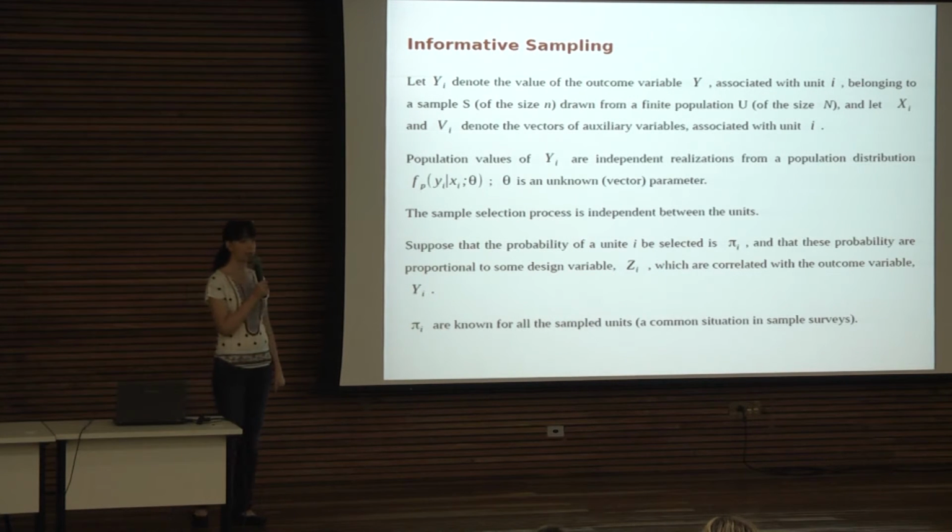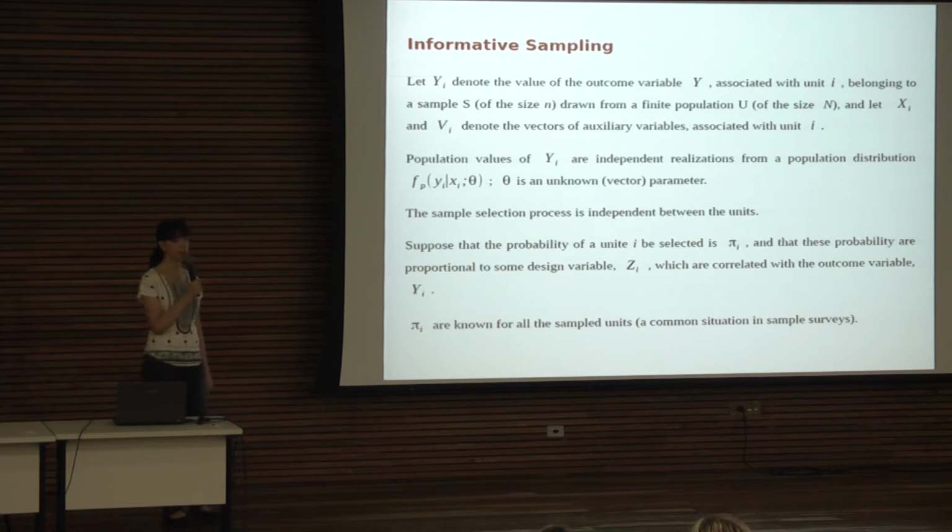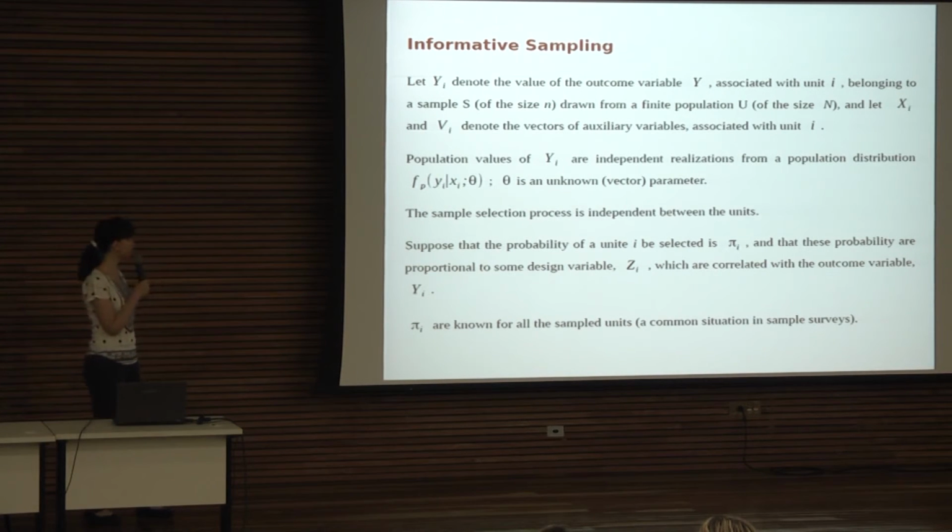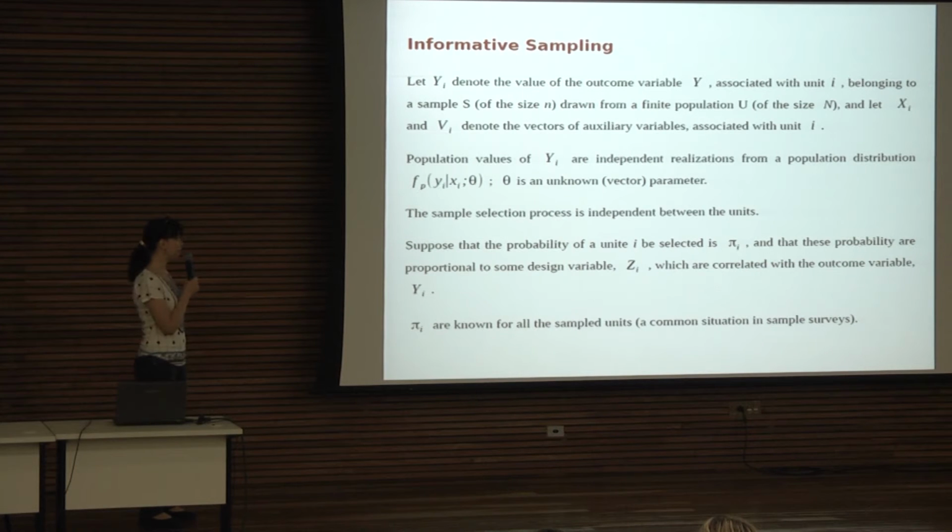We define by x_i and v_i the vectors of auxiliary variables associated with the unit i. We assume that the population values y_i are independent realizations from a population distribution F_p of y_i given x_i and theta. Theta is an unknown vector parameter.